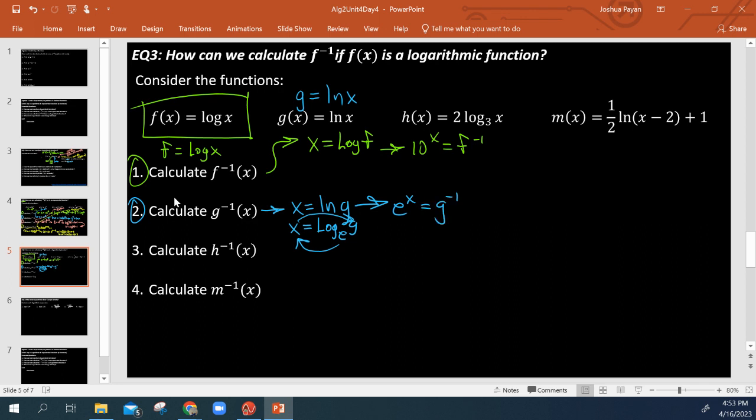If we use the pure algebra method, I'm just going to have to write this again. If we do exponential base e, that cancels with logarithmic base e, and what we do to one side, we do to the other. We see that we're going to arrive at the same thing: e to the x equals g inverse.